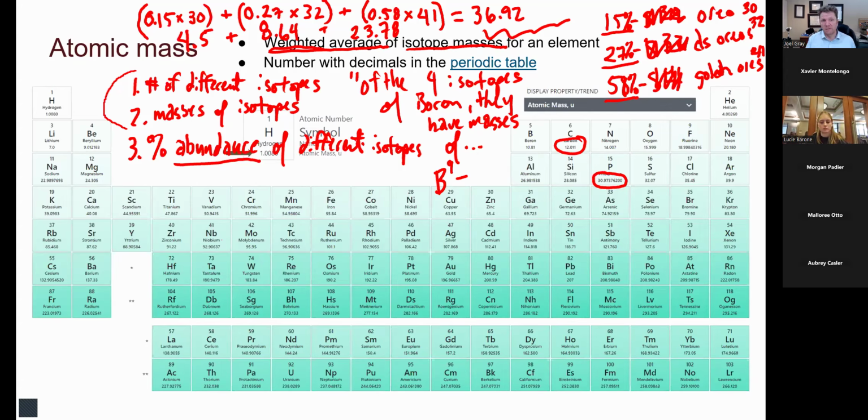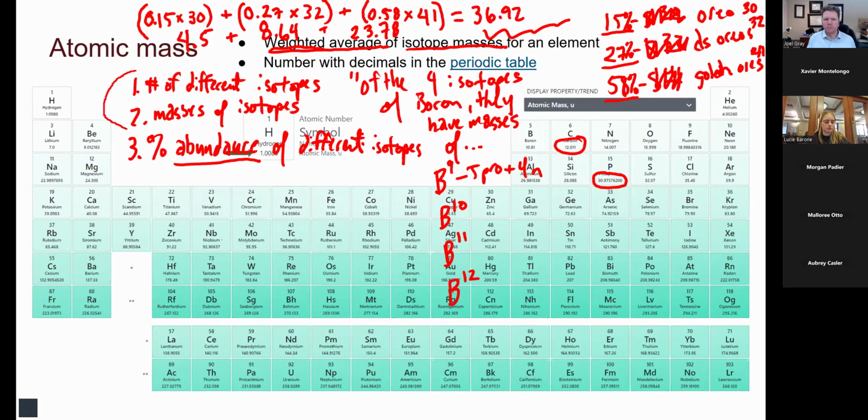Well, this is going to have 5 protons and 4 neutrons. What about B10? Well, that's going to have 5 protons and 5 neutrons. That's not critical information for answering the abundance and coming up with the mass average, but it is still worthwhile to be thinking about and giving yourself those little mental joggers.